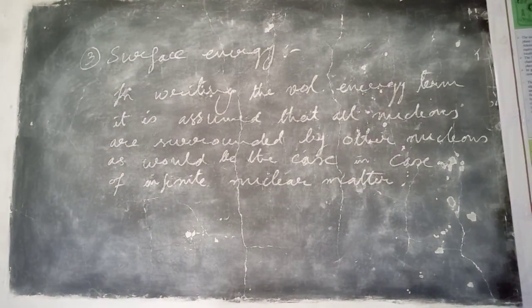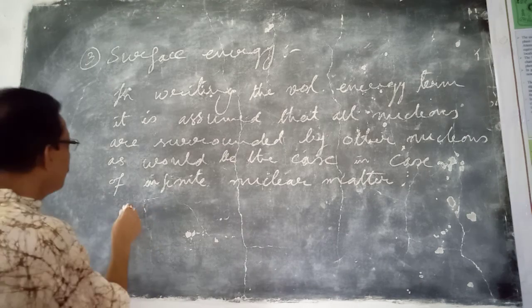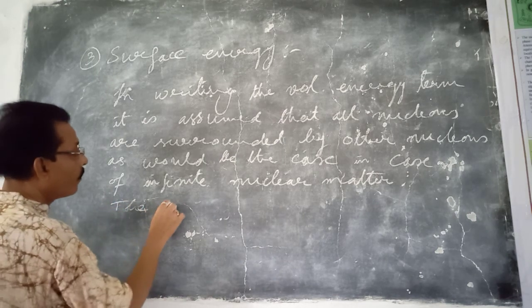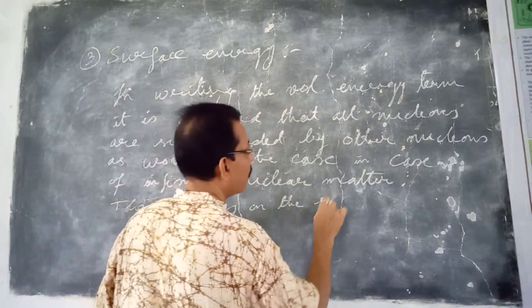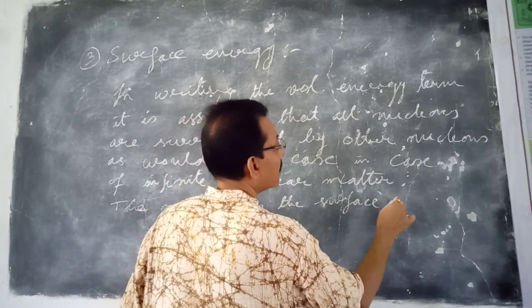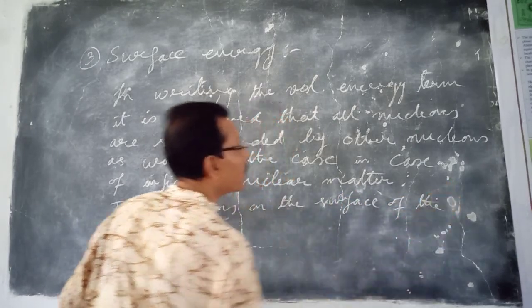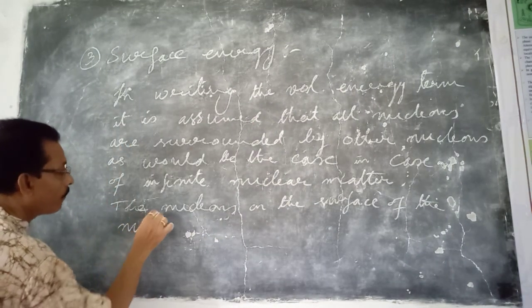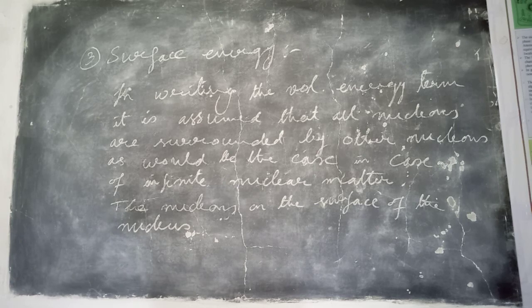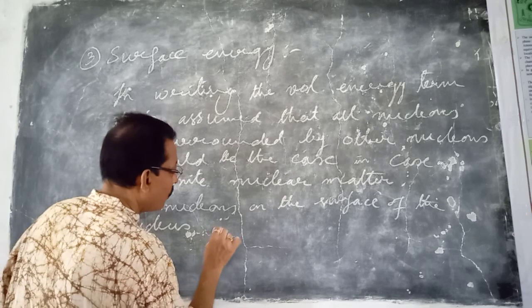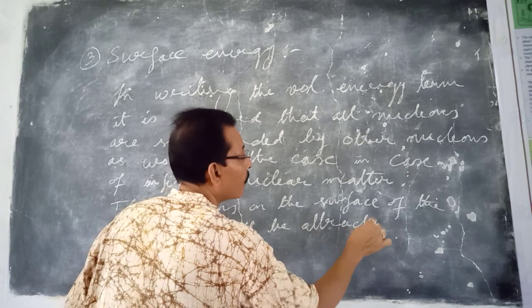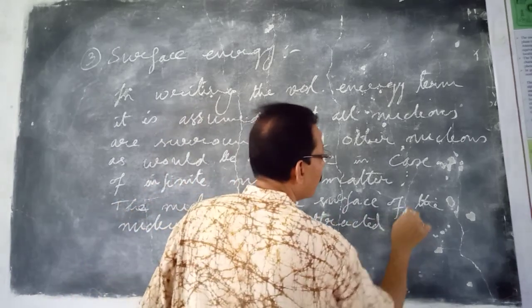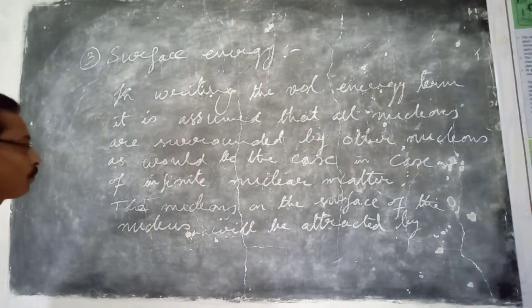So, the nucleons on the surface of the nucleus will be attracted by nucleons on one side.